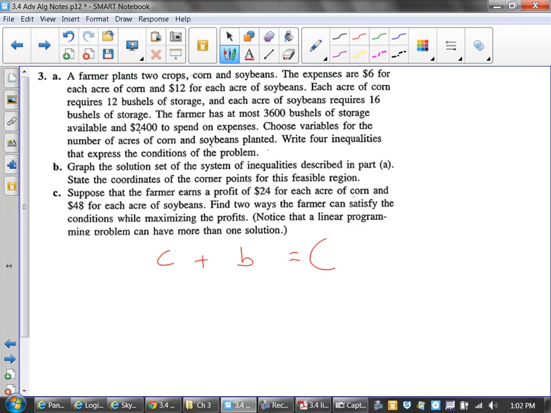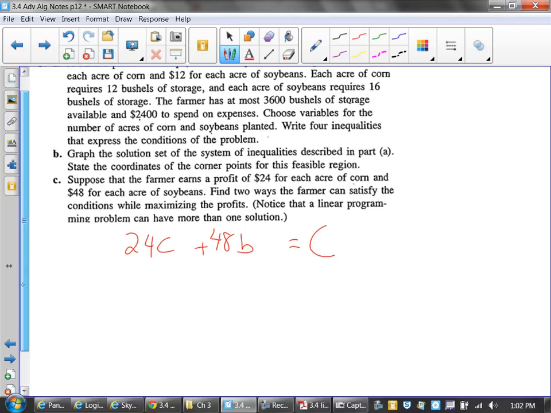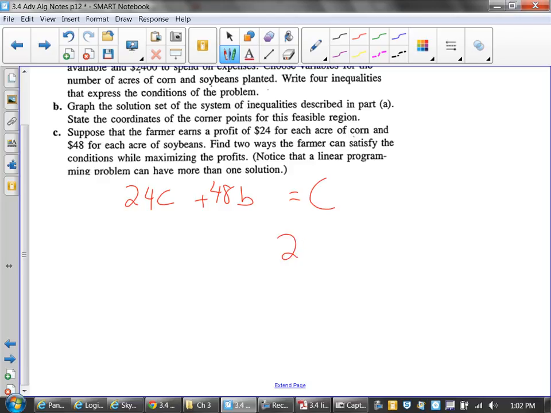You make 24 bucks an acre and 48 bucks an acre as far as profit is concerned. Also, you have $2,400 to spend on seeds, and you have 3,600 bushels of storage space. So those are your two other parameters.